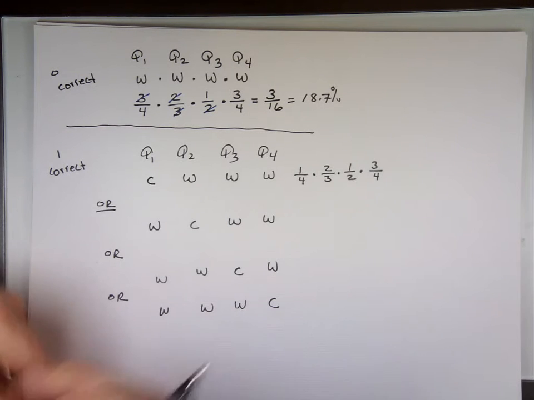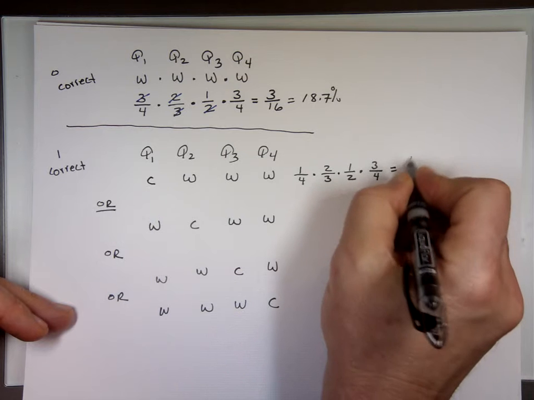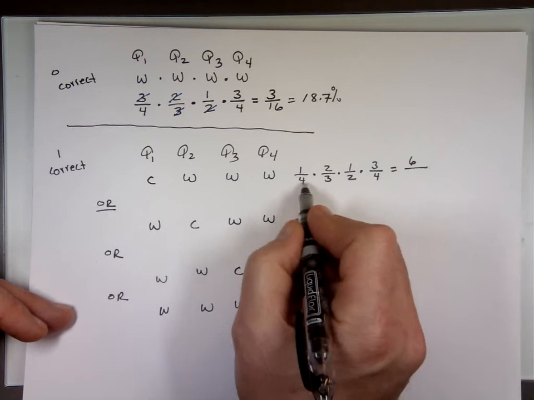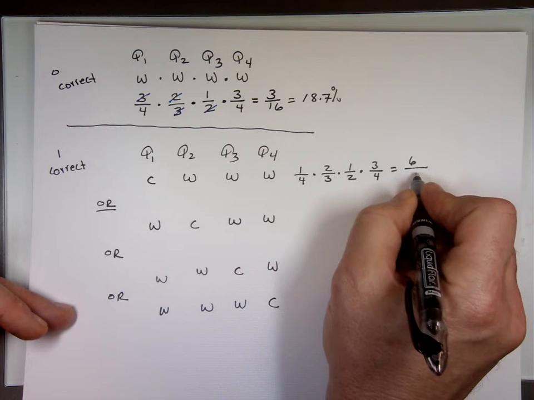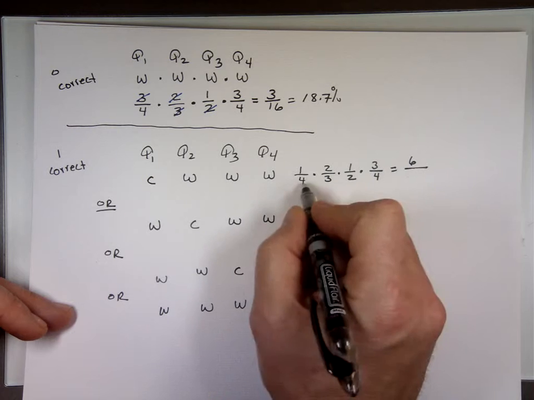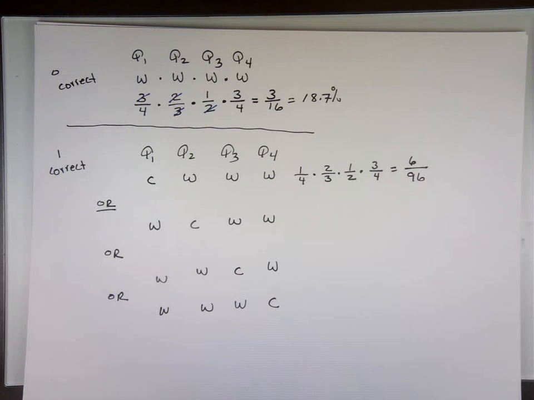You know what? Let's not simplify it. We'll simplify later. That's 6 over what? 4 times 2 is 8. I mean, what am I saying? 13. 4 times 2 is 8. 96 is it? Okay, let's leave it over 96.